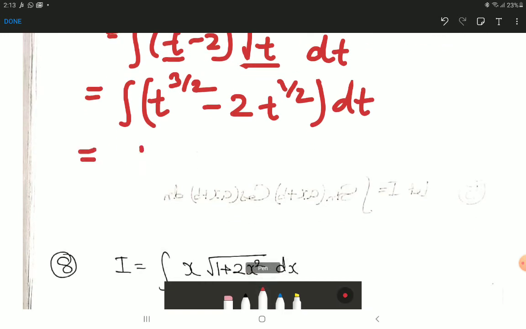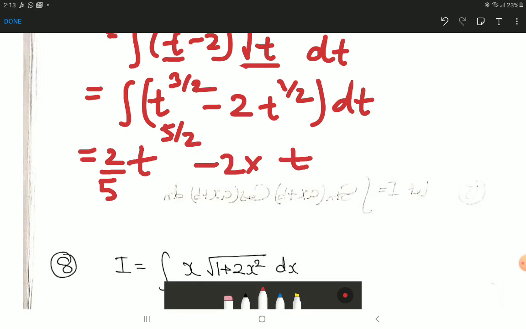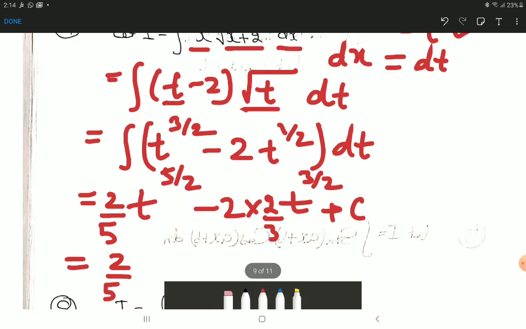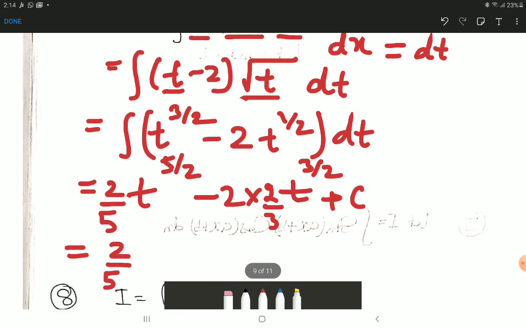T raised power 3 by 2, its integration will be t raised power 3 by 2 plus 1, and 3 by 2 plus 1 is 5 by 2, upon 5 by 2 means into 2 by 5, minus 2 into t raised power half, its integration will be t raised power half plus 1, half plus 1 is 3 by 2, and whole upon 3 by 2 means into 2 by 3 plus c. And in the next step you can feed back the value of t. t was x plus 2.